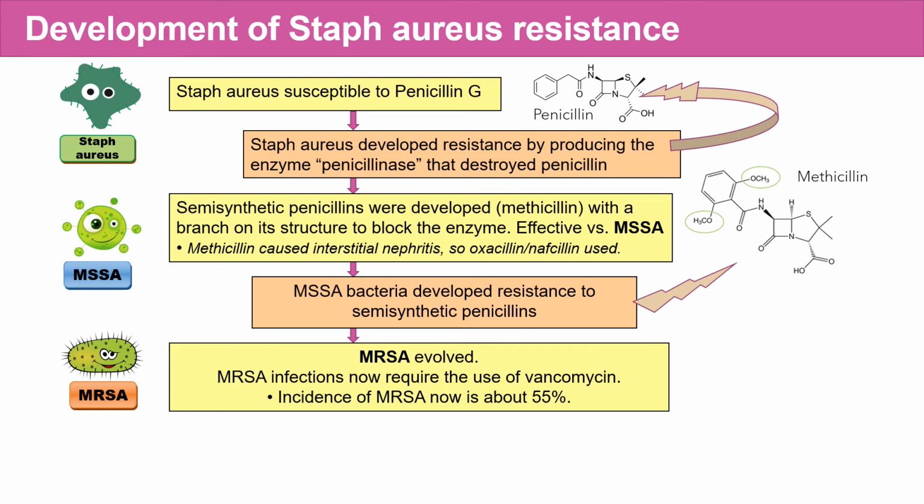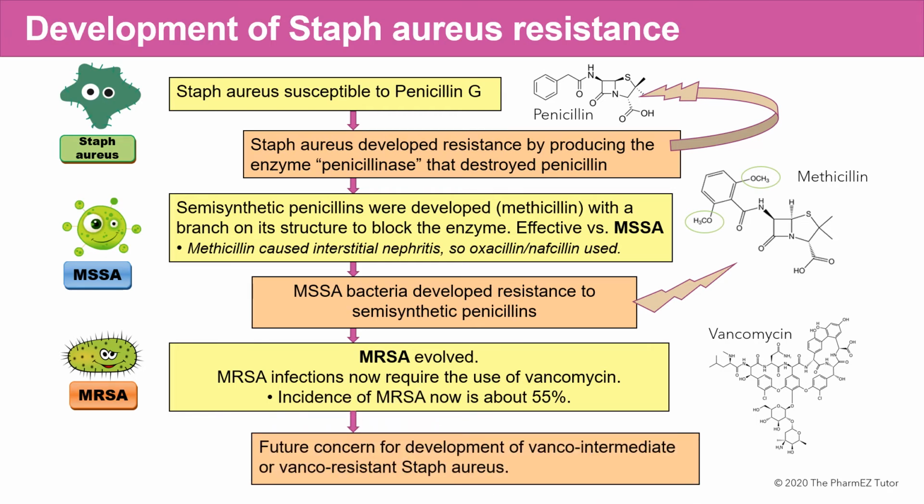So this is how MRSA evolved. MRSA infections now require the use of vancomycin. The incidence of MRSA is now about 55%. And so now there's future concerns for development of vancomycin-intermediate or vancomycin-resistant Staph aureus because of overuse of vancomycin.